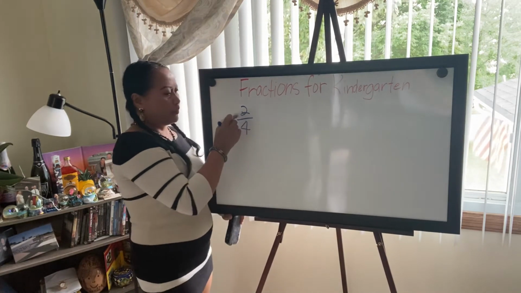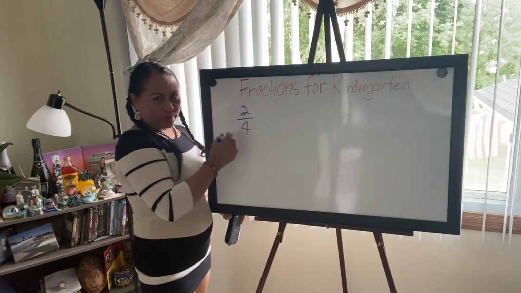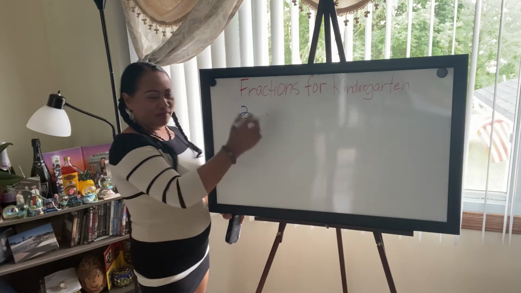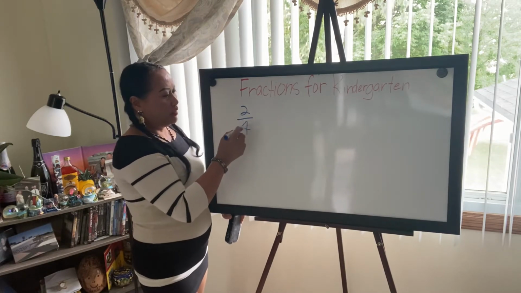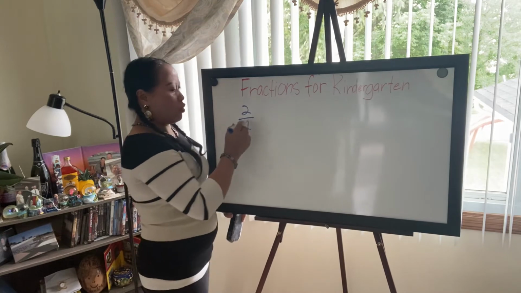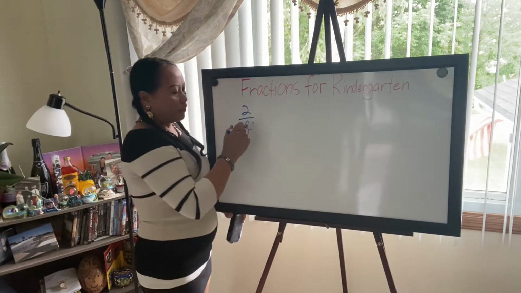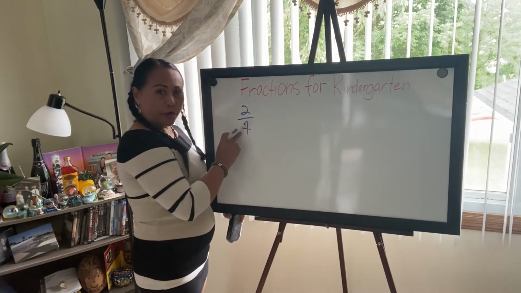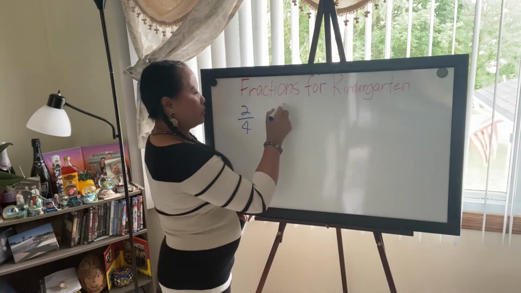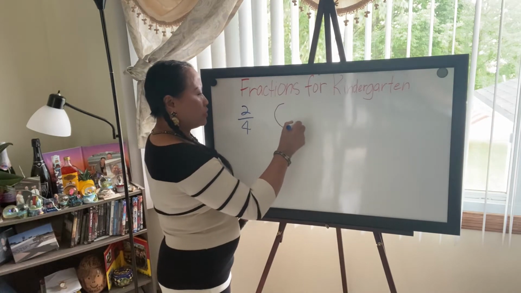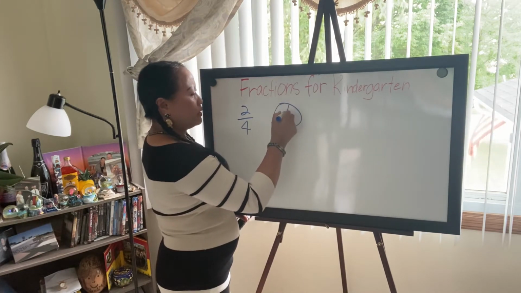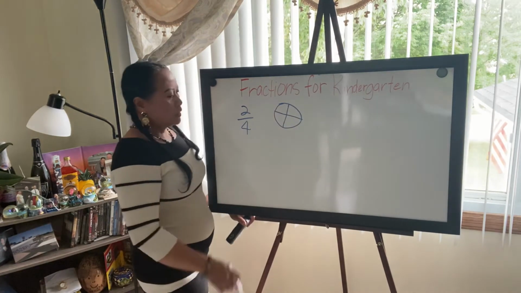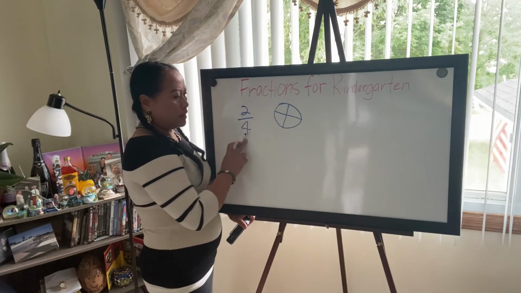So, now, since we have this number, we will interpret this into a drawing. Okay, who can draw this? Okay, 2 over 4. So now, how many pieces? A total of 4 pieces. So, let's draw a circle and divide into 4. So there are 4 pieces.